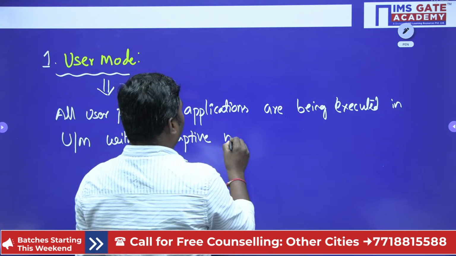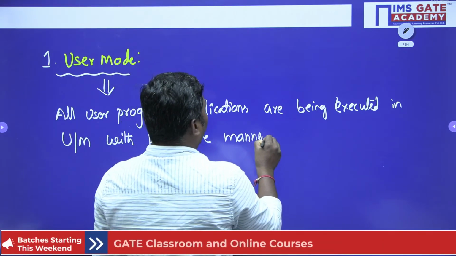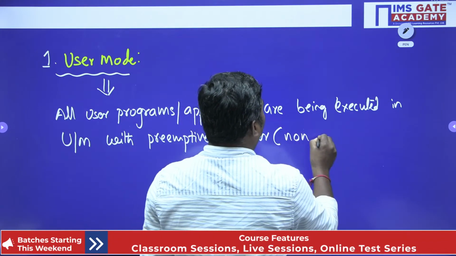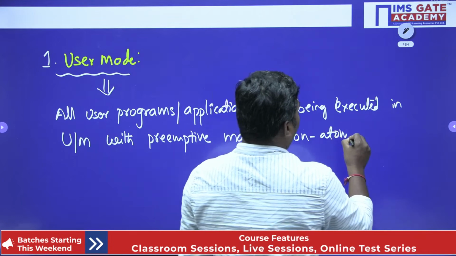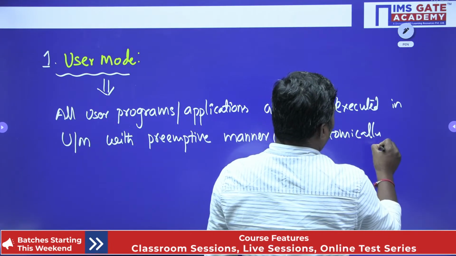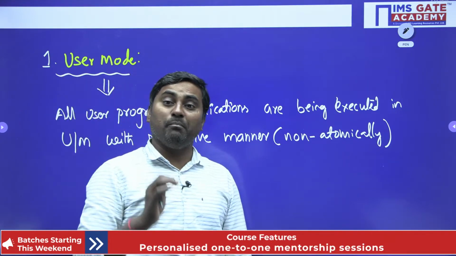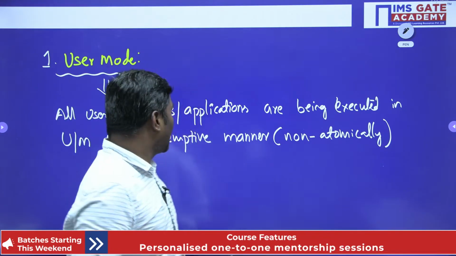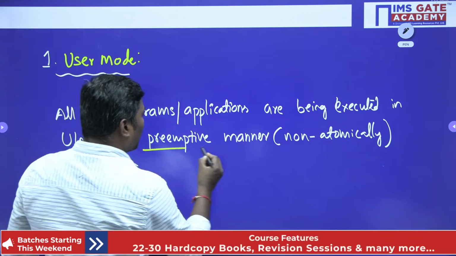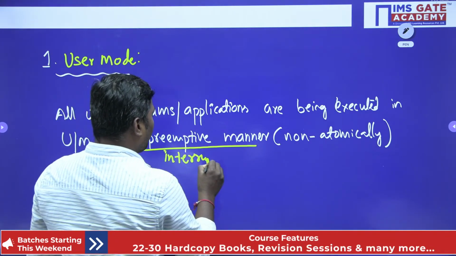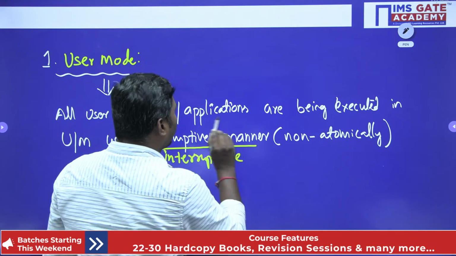Please understand, preemptive means non-atomically. So this code will execute non-atomically. Non-atomically means preemption, preemptible, interruptible, in interruptible manner.